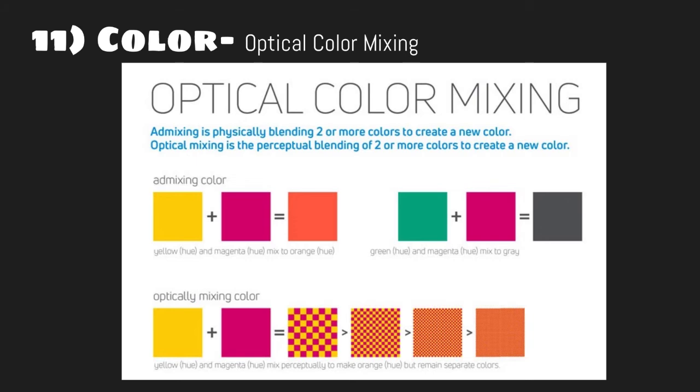So your brain doesn't see, oh, there is brown in the sweatshirt. Your brain sees a red sweatshirt with some shadows. But if you zoom in real far on it, the actual color that's there is brown. So that's what optical color mixing is, because your brain mixes the colors together even though it's not the colors that are actually there.